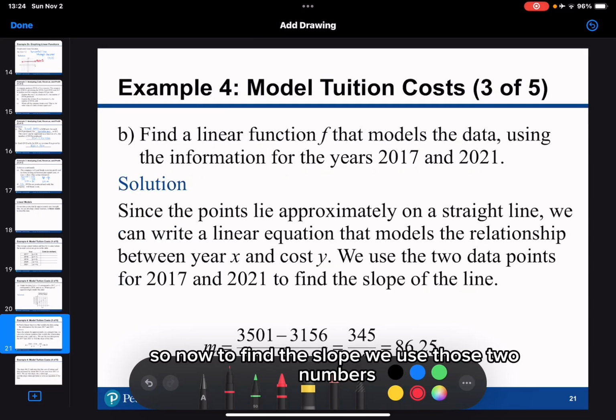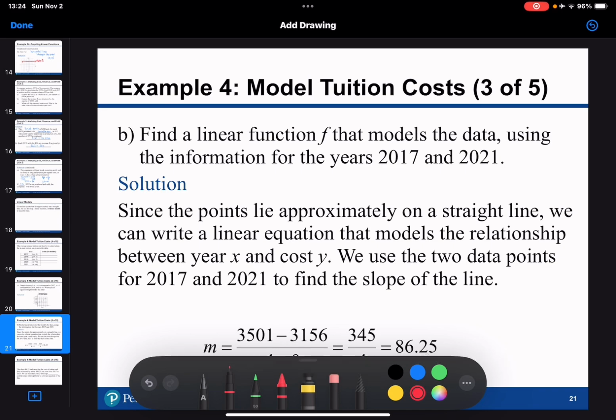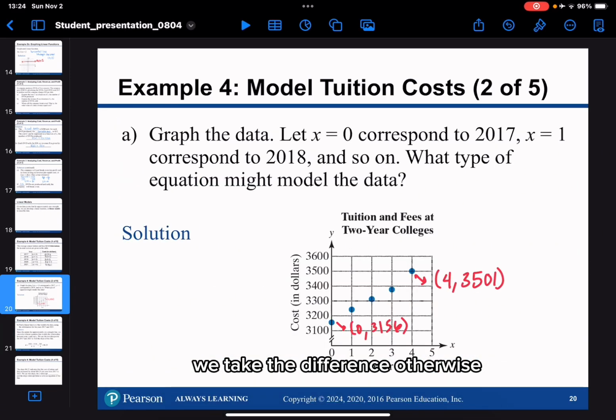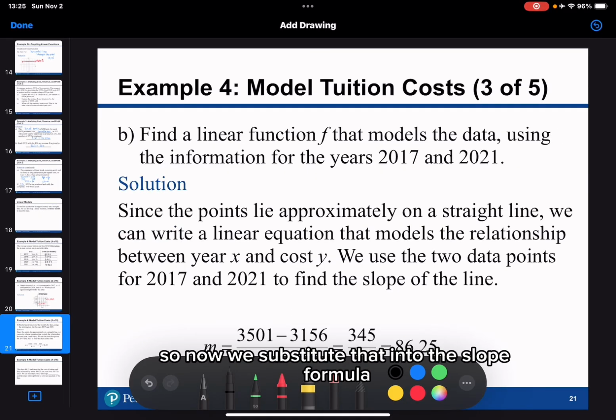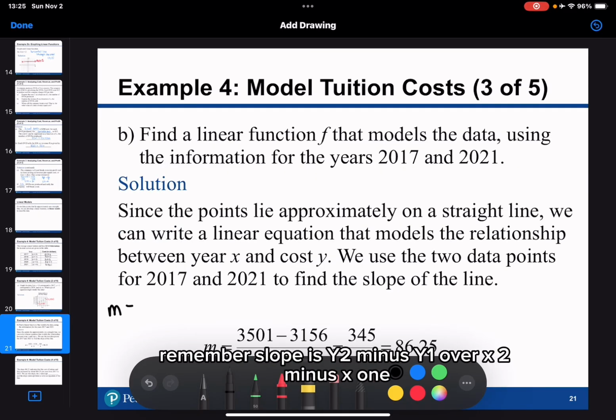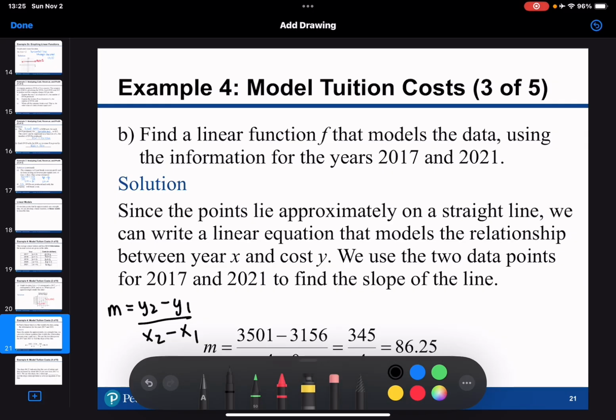So now to find the slope, we use those two points. We take the difference of the y's, because remember, we have x1, y1, x2, y2. Now we substitute that into the slope formula. Remember, slope equals y2 minus y1 divided by x2 minus x1.